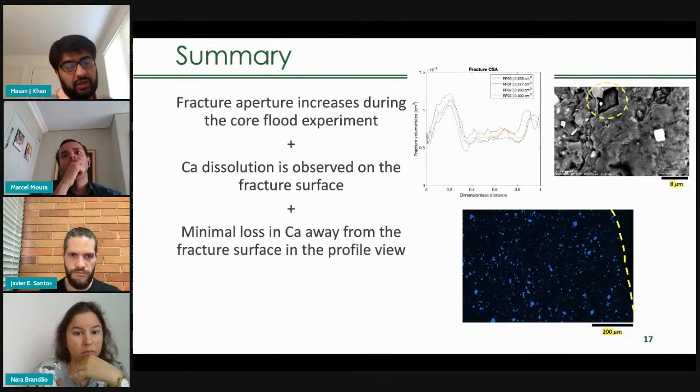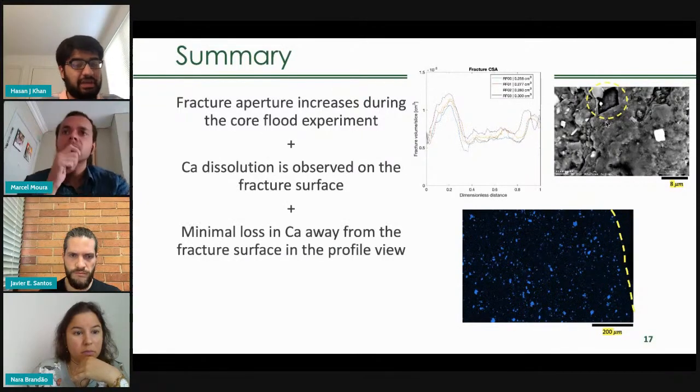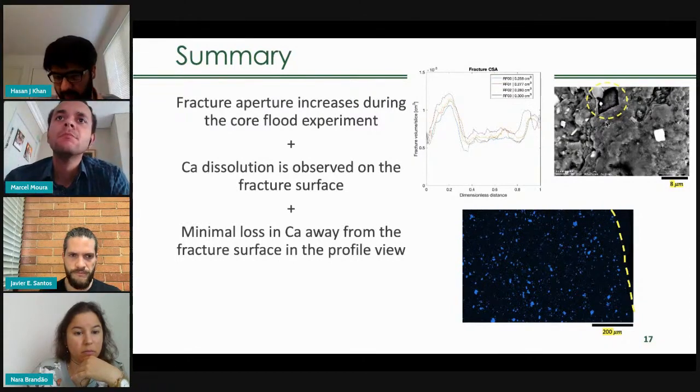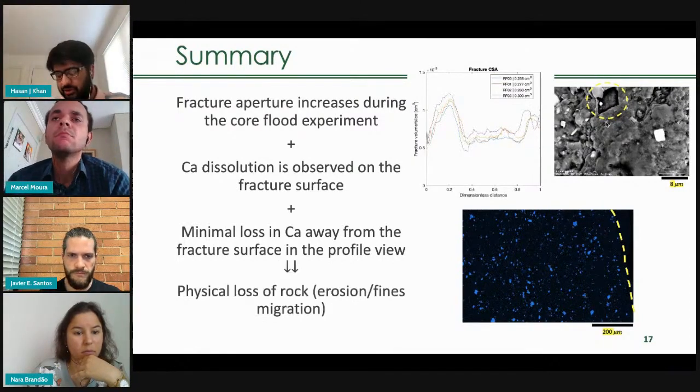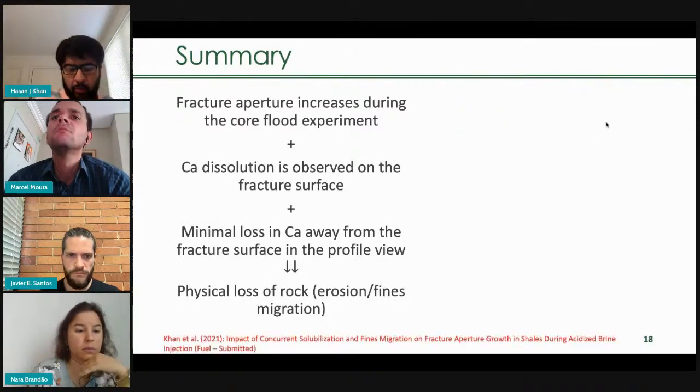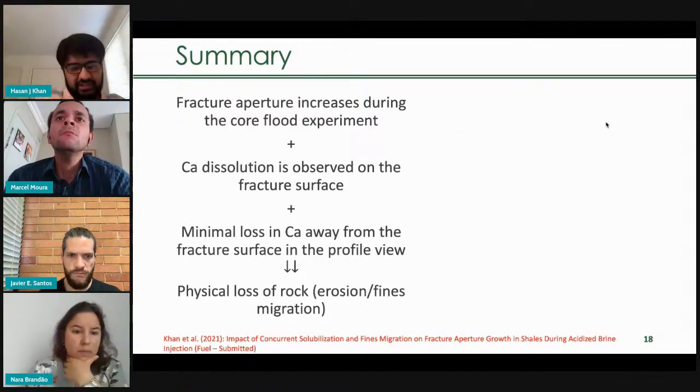And thirdly, when we look at the profile phase, we see that there is a minimal loss of calcium away from the fracture surface. So when we combine all of these, what it points to is a physical loss of rock, which means that we are eroding fines from the surface, or we're removing rock from the surface. We propose a mechanism via which this is happening.